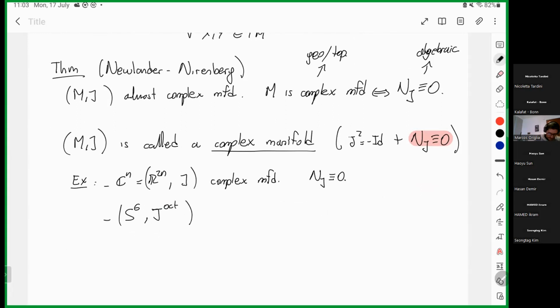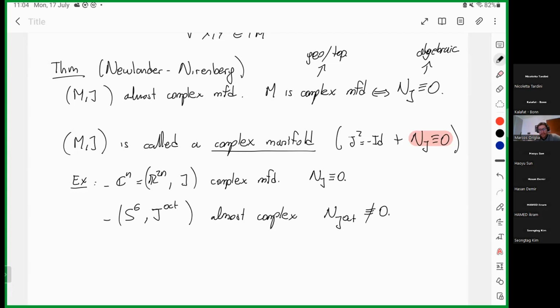In this case it is almost complex, but the tensor associated with this J is not identically zero. There was a lot of discussion about the existence of a complex structure on the six-sphere, so you probably heard about that.